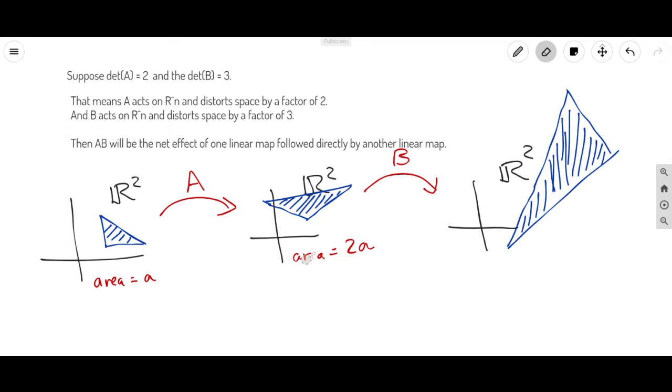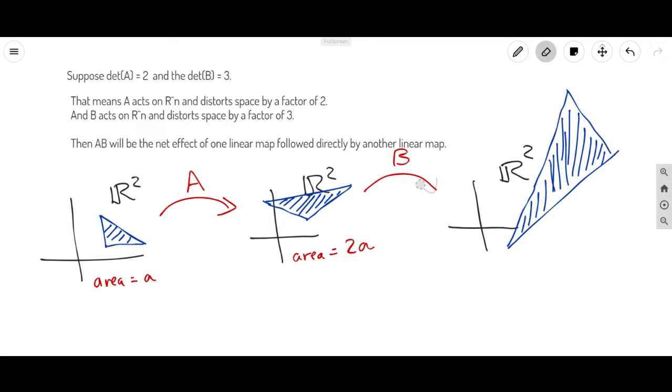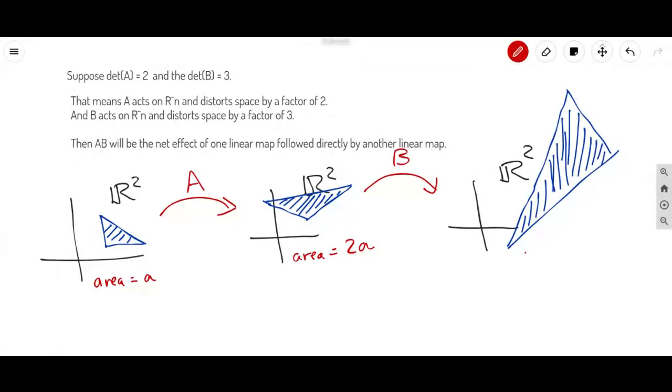So if this area is 2A, then the area of this new triangle, this is like the before image for B. This is the before image, and after you apply B to this region, it now becomes 3 times as big. So now the area over here would be equal to 6A, because you're multiplying this one by a factor of 3, so it now becomes 6A.